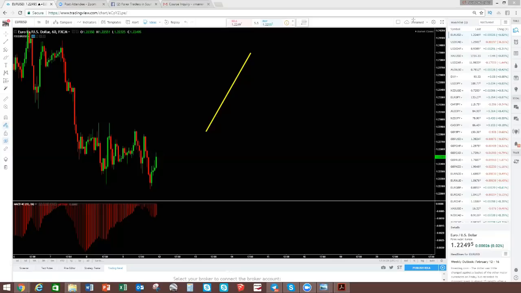So let's say you've got an impulse here, and your correction is a flat, right? He was saying that you will know that it's a flat by the internal structure if it's 3, 3, 5, and maybe 1, 2, 3, 4, 5, right? I said the internal count may be misleading, because it can be a flat without this 3, 3, 5, but it can actually be 3, 3, 3.